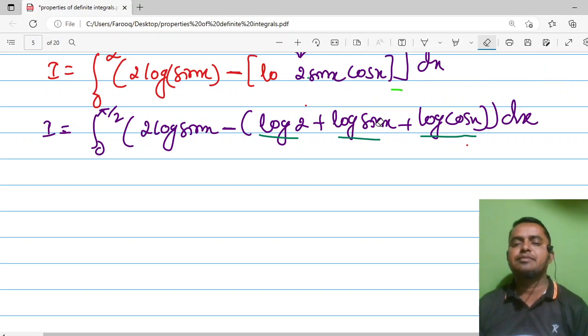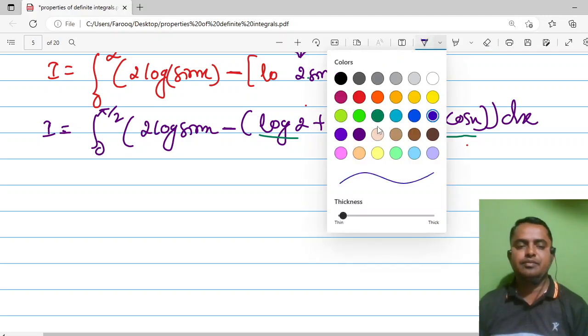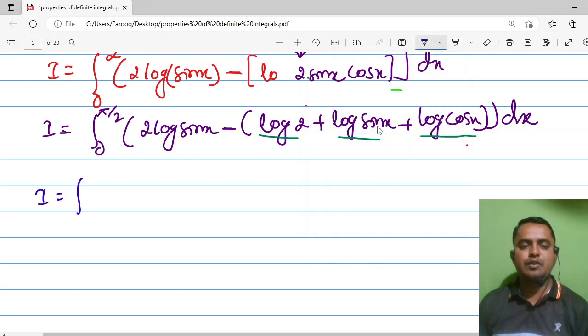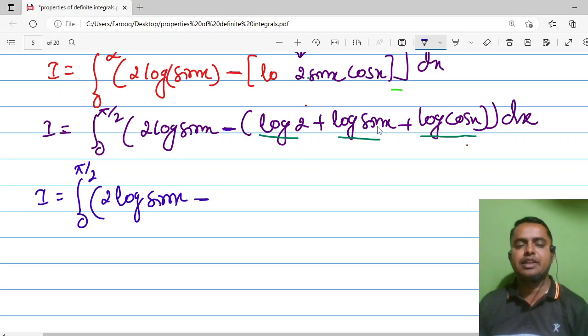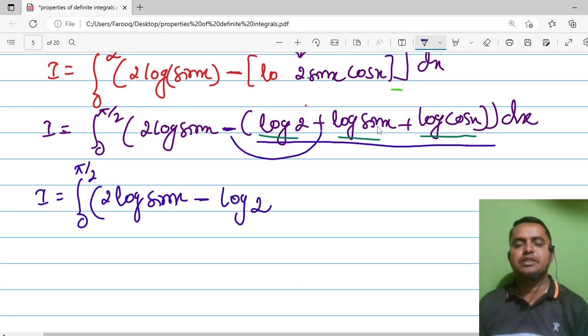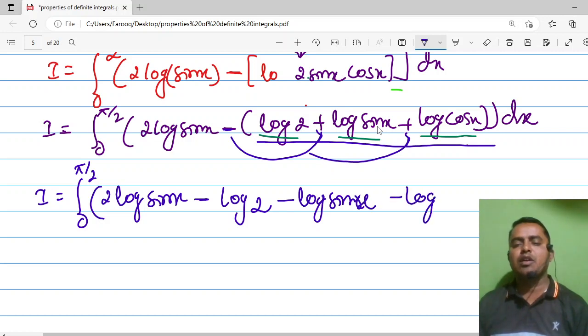And in the next step, that is I is equal to integration of 0 to pi by 2, 2 log sin x, minus. Multiply this minus sign throughout this bracket: minus log 2, minus into plus is minus log sin x, minus into plus is minus log cos x, dx.